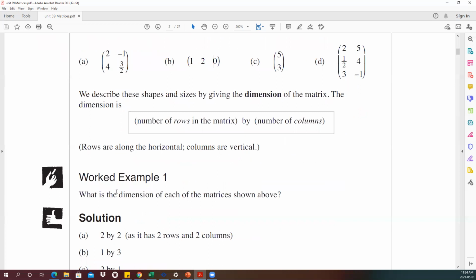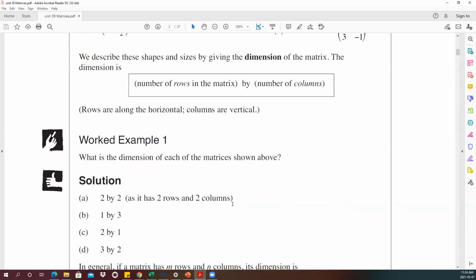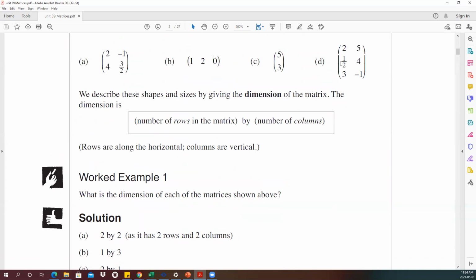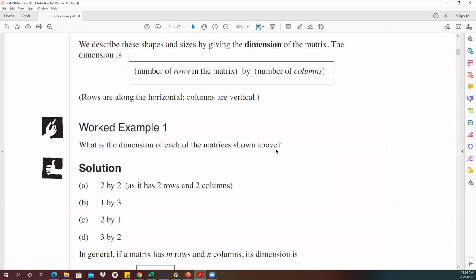Then it asks, what is the dimension of each of the matrices shown above? We went through them before: 2 by 2, 1 by 3, this is 2 by 1, and this is 3 by 2, right? Again, we count the number of rows first, then the number of columns.